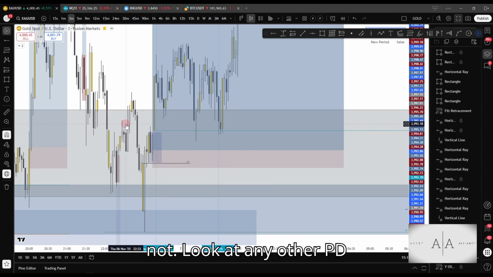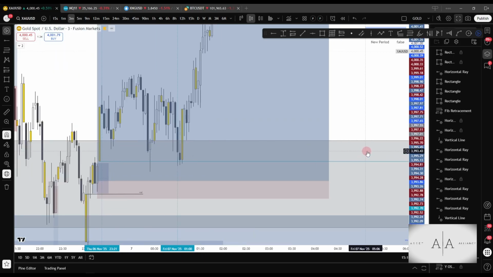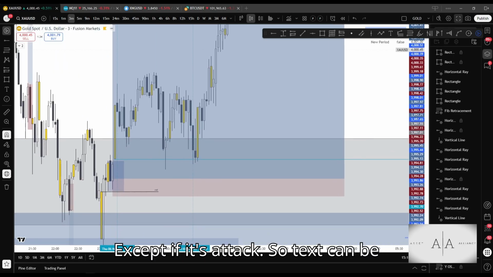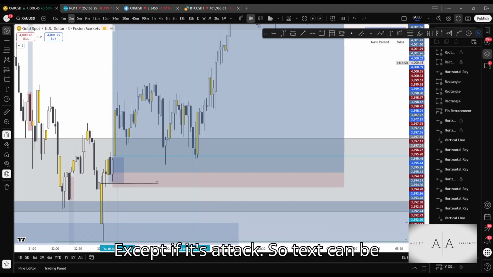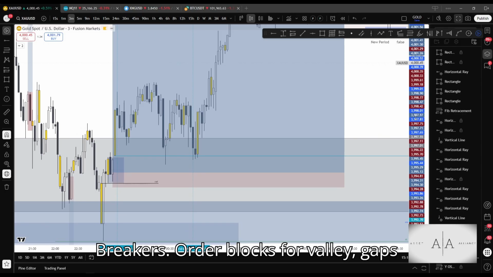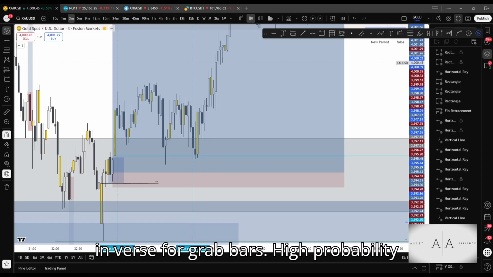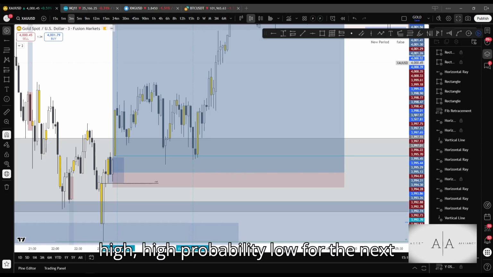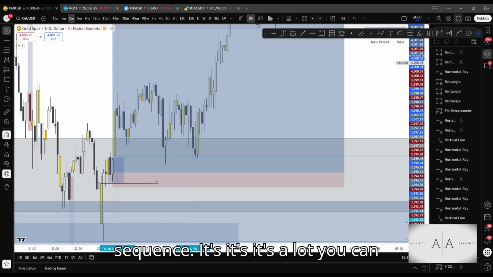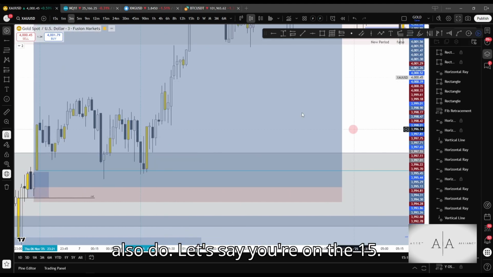I do not look at any other PDRAs, right? Except if it's a TAC. So TACs can be breakers, order blocks, fair value gaps, inverse fair value gaps, BPRs, high probability high, high probability low for the next sequence. It's a lot, you know. You can also do, let's say you're on the 15.